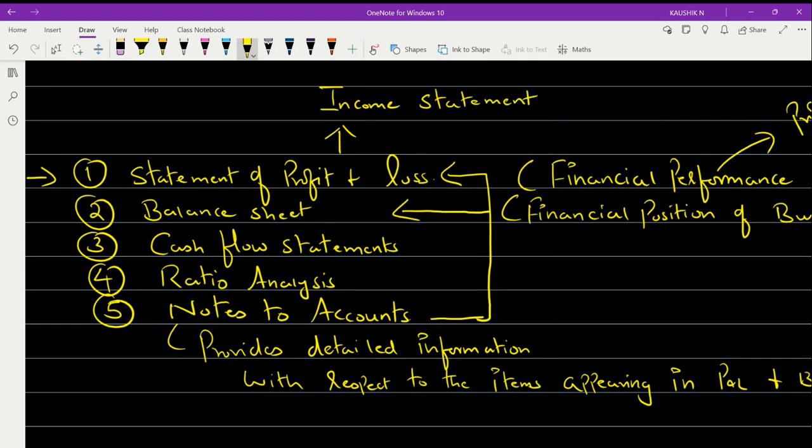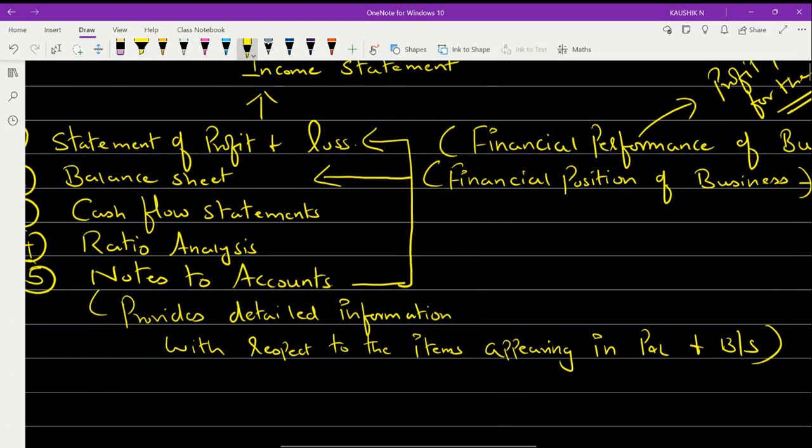Whereas balance sheet is only called a balance sheet. We don't have any other name for balance sheet. Only P&L has another name, income statement. Am I making sense to you? Yes, sir. Okay.